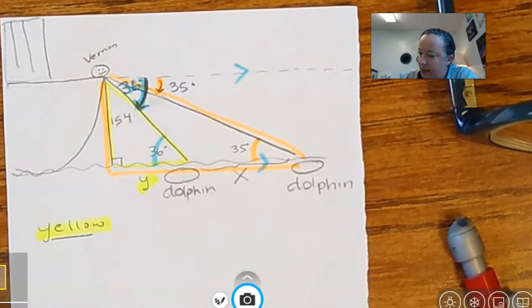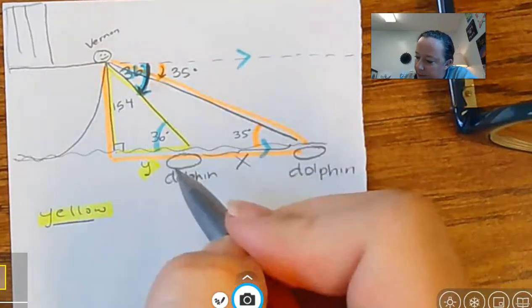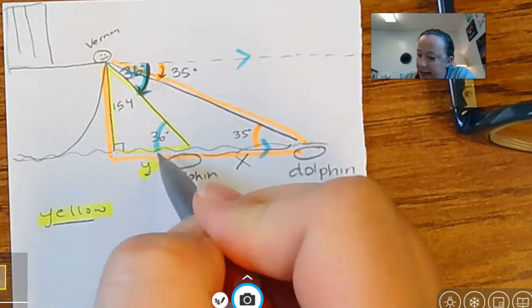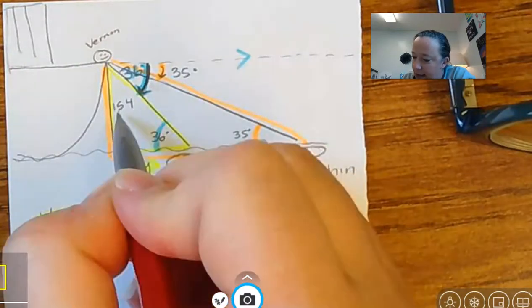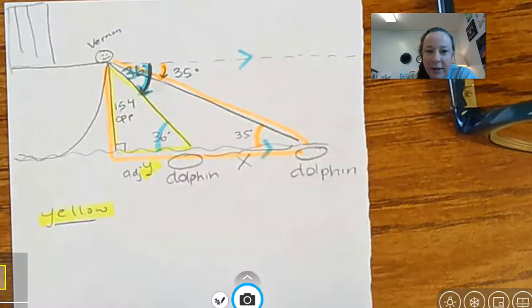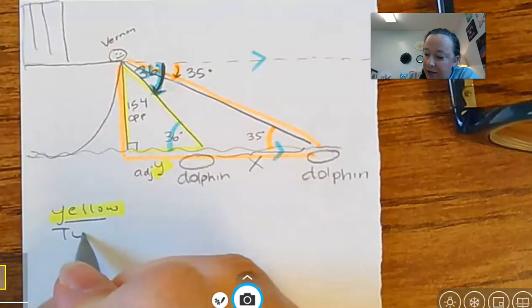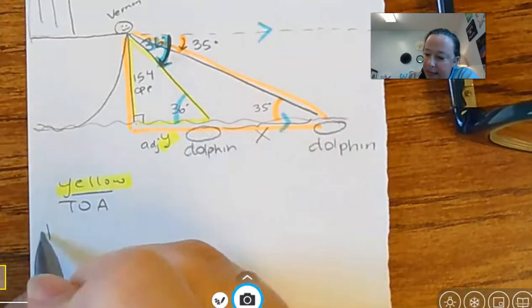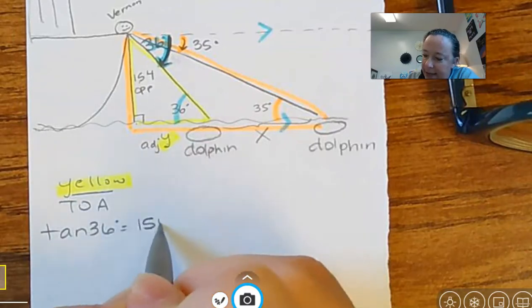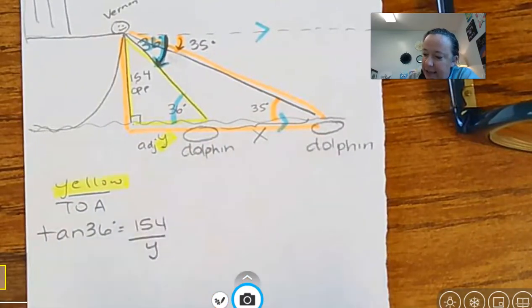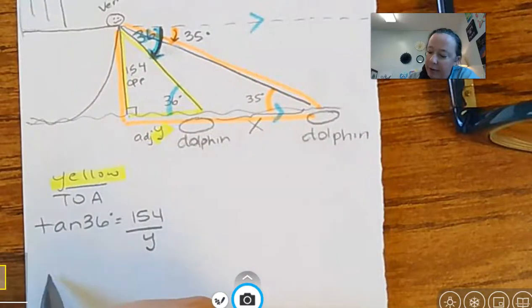Okay. So we're trying to find this side, that is the adjacent to this angle, and this is opposite. So a lot of these are tangents, so we're going to use TOA. Tangent of 36 degrees equals opposite over adjacent, TOA, cross multiply.